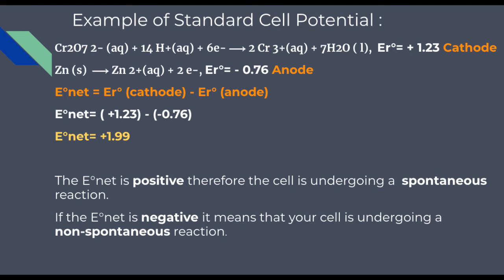So you'll do your positive 1.23 minus your negative 0.76 to get the standard cell potential of positive 1.99. From this, you can determine that your cell is positive and is going to be a spontaneous reaction. However, if it was the opposite and your standard cell potential turned out to be negative, it means that your cell is undergoing a non-spontaneous reaction, so it is not complete.